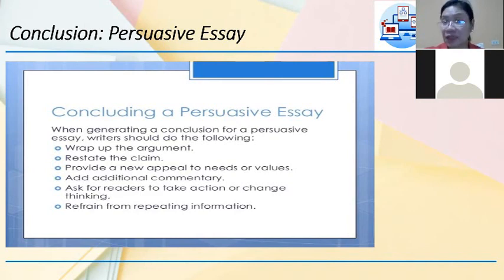Wrapping up the argument, or summarizing the argument, restate the claim or restate the reasons, and you could also provide a new appeal to needs or values, add additional commentary, ask for readers to take action or change thinking, and refrain from repeating information. So these are the different ways on how to conclude or how to end a persuasive essay.